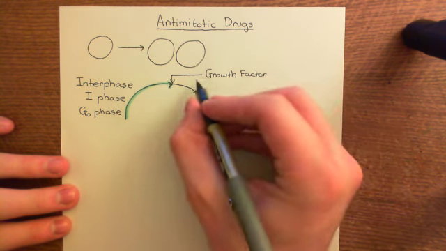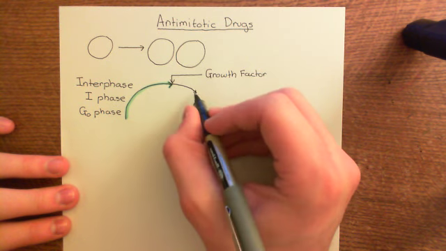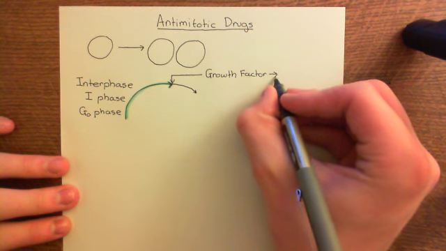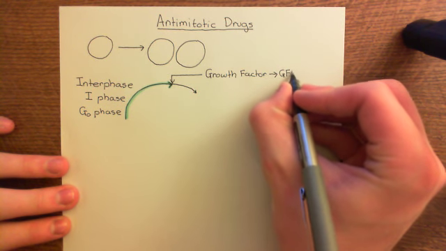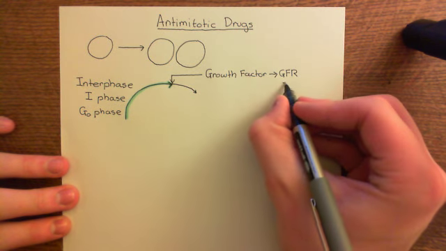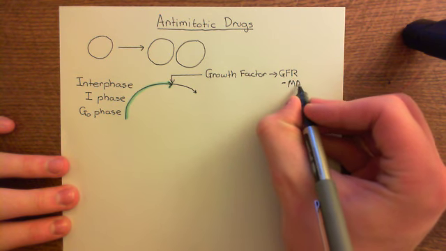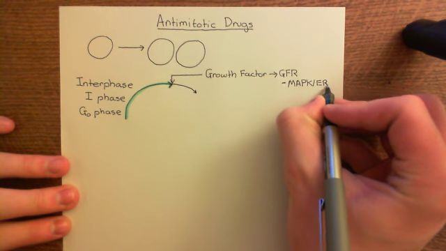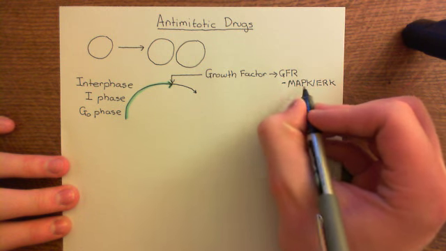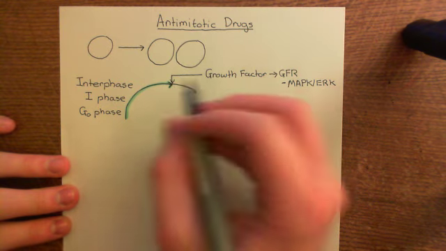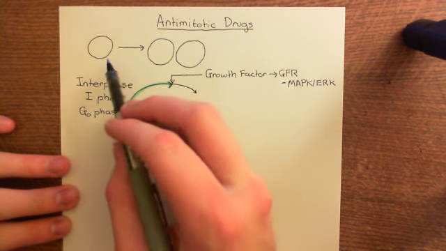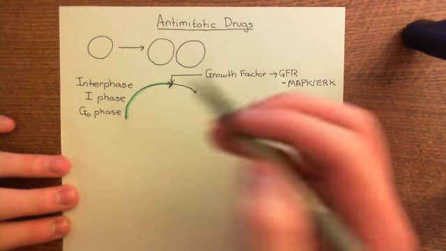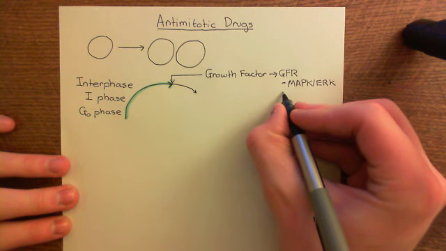All of these can activate this transition from interphase to the first phase of the active cell cycle. So growth factors binding to growth factor receptors can trigger all sorts of pathways within cells. They can trigger what's known as the MAP kinase ERK pathway, which leads to the activation of certain transcription factors such as MYC and also c-Fos-c-Jun heterodimers, which will change protein expression enough within the cell that it will kick the cell from being in this resting phase to being in the first phase of the active cell cycle.